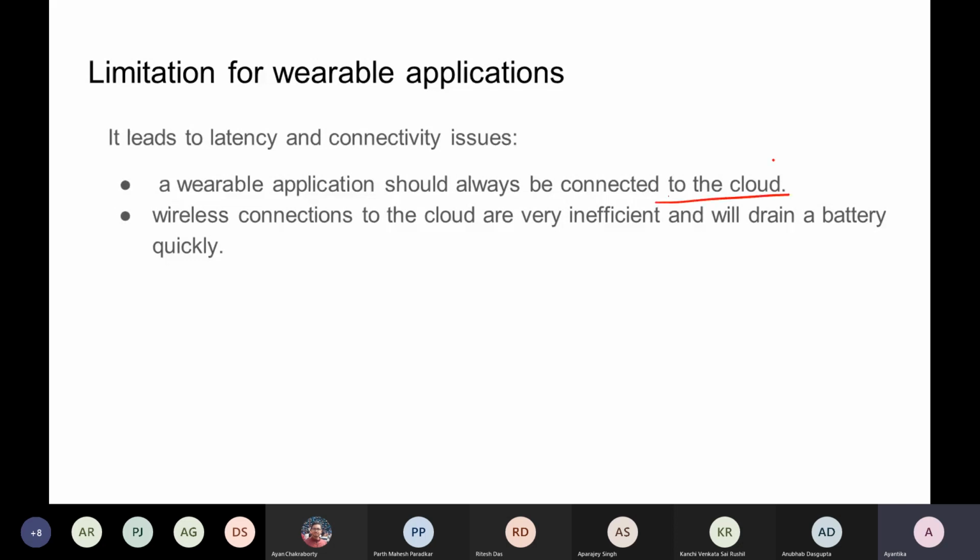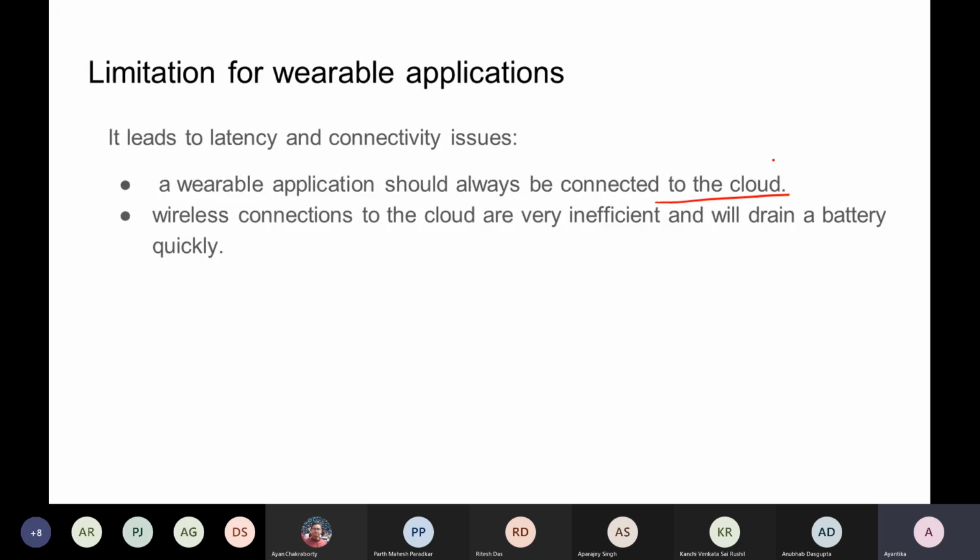Whatever prediction, whatever machine learning steps we have to do, we will do that in cloud. But the problem there is, whenever we are thinking about wireless connections for this wearable device, you have to make some arrangement that your wearable application should always be connected to the cloud, always be connected through wireless connection.